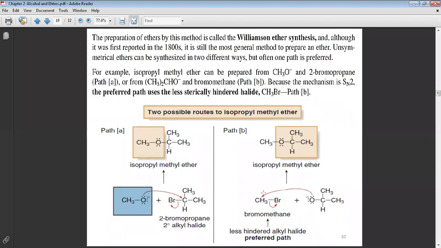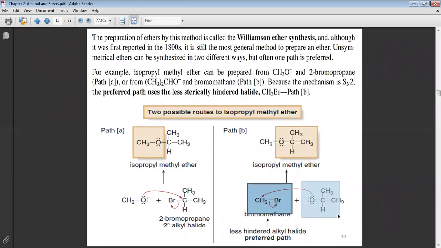Now, which has more steric effect, this or this? Steric hindrance means which one is easier to attack. Which is easy to attack? B. Here we have 3 hydrogen atoms, small hydrogen atoms, so there is no steric effect here.